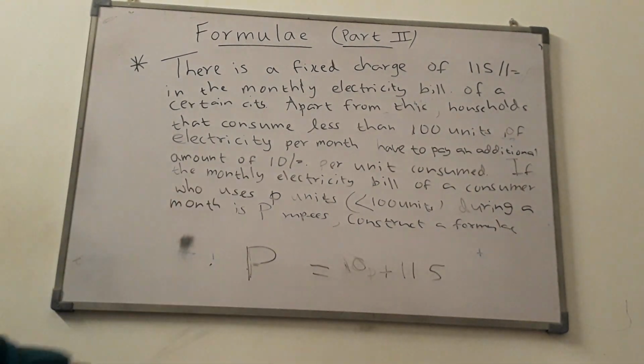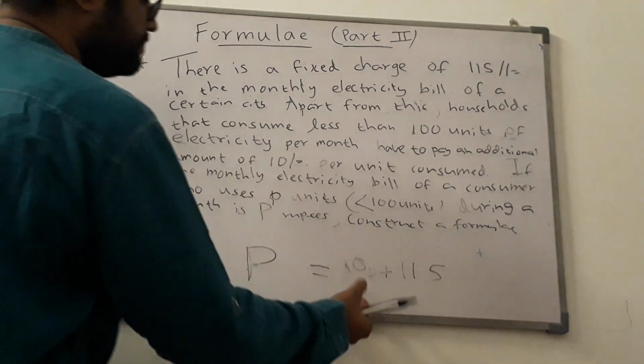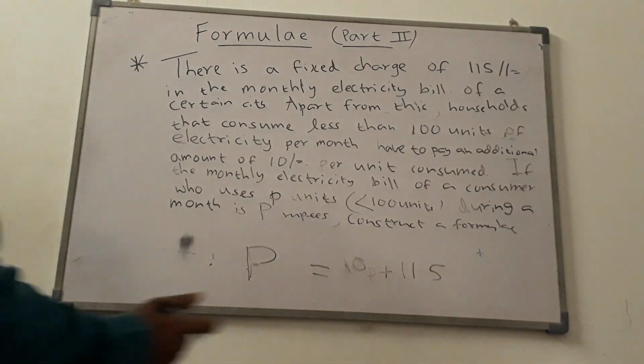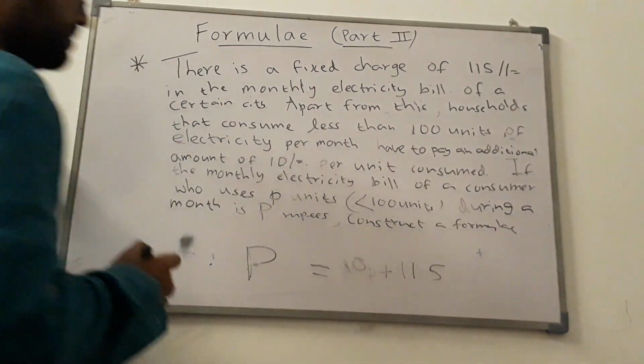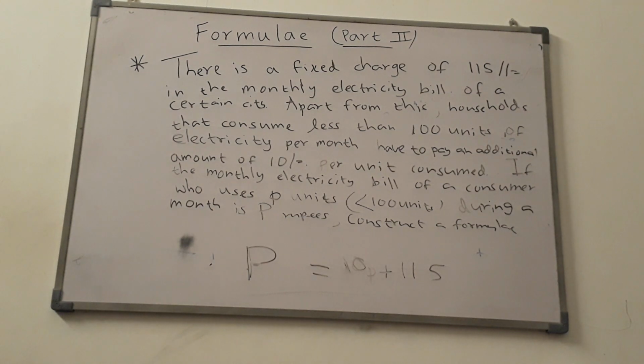So 10p plus 115 is the answer for the total electricity bill.